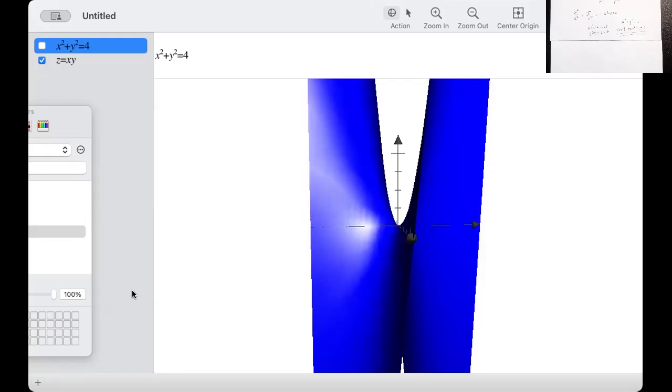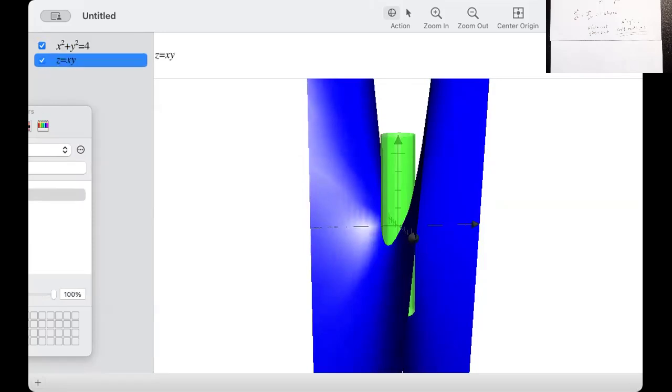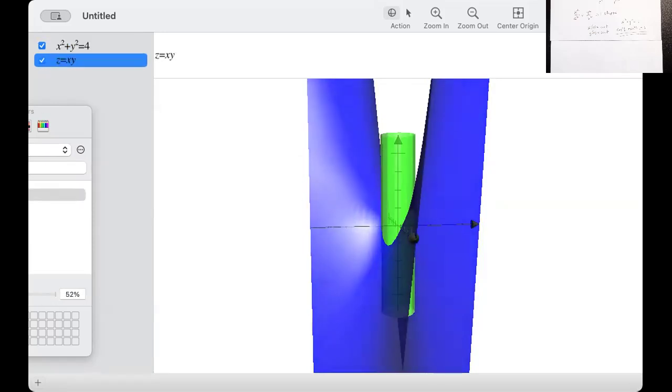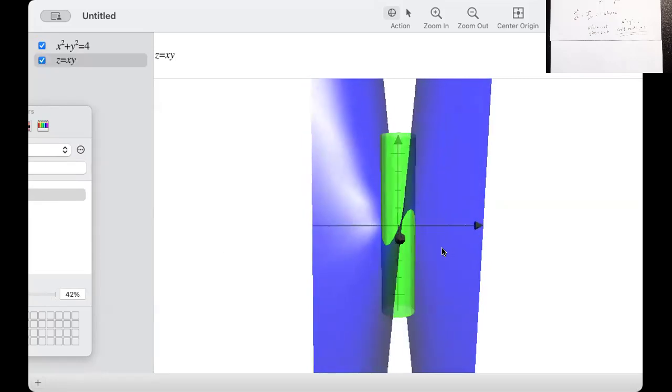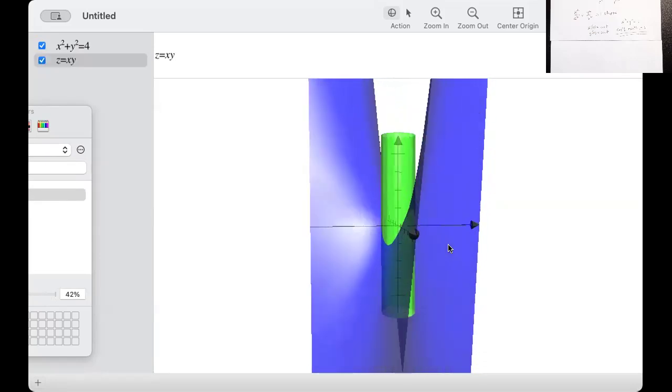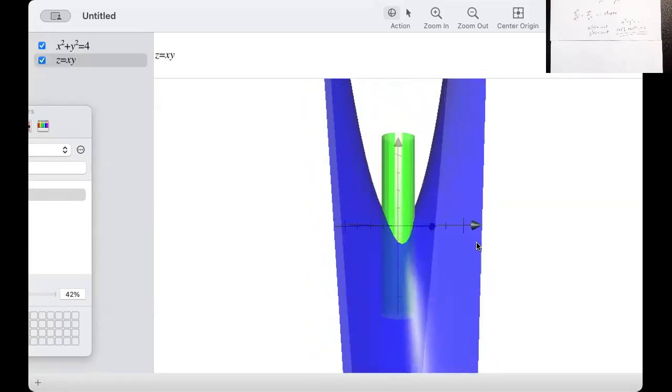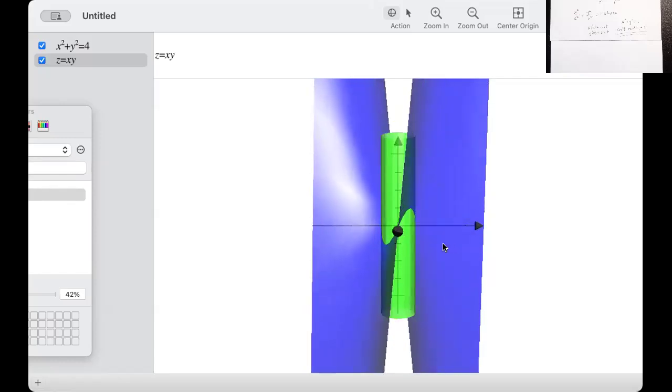So I'm going to change this to be a little bit see-through. Oh, I changed the cylinder. Whoops. Let me go back to the cylinder. There, see how the cylinder's a little see-through? It's a little transparent. I can see the axis in the middle. Let me do the same thing here. I'll make this a little see-through. And now I say to myself, look, where those two cross, I've got a curve.